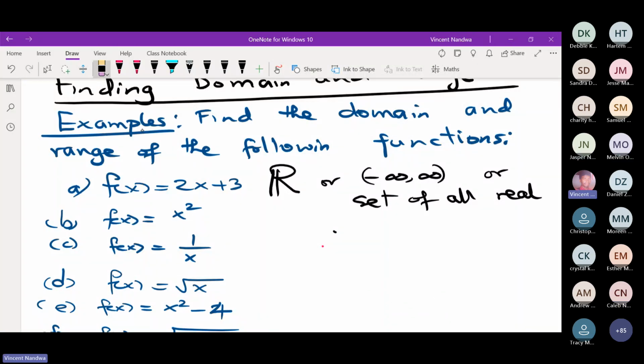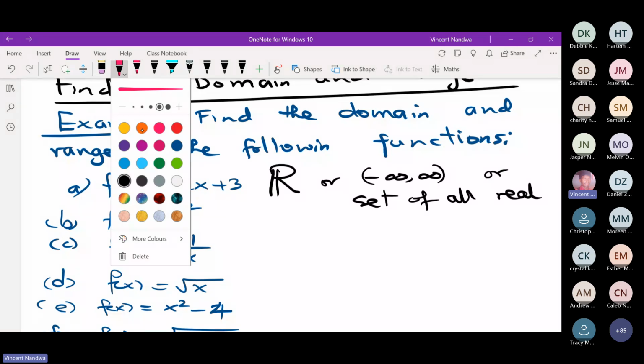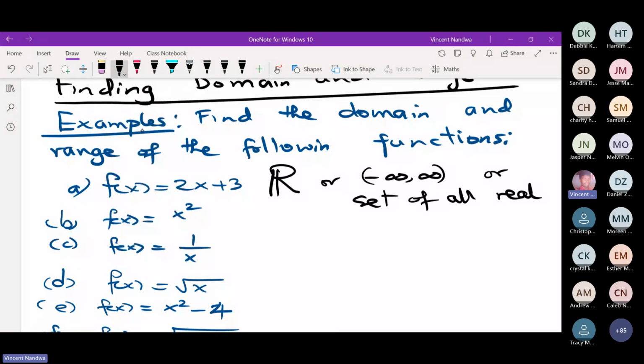0 is the only real number that doesn't work, but all the negative real numbers and positive real numbers will not give a math error. So the domain of f is the set of all non-zero real numbers.